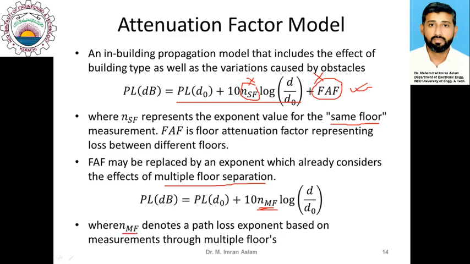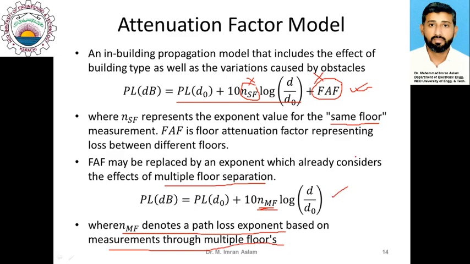So NMF is actually path loss exponent based on measurement taken at different floors. So sometimes you can use the same log distance model to represent the path loss where you have multiple floors.